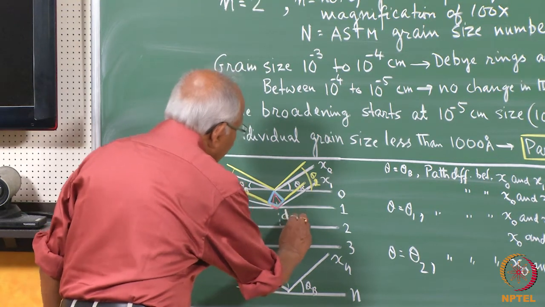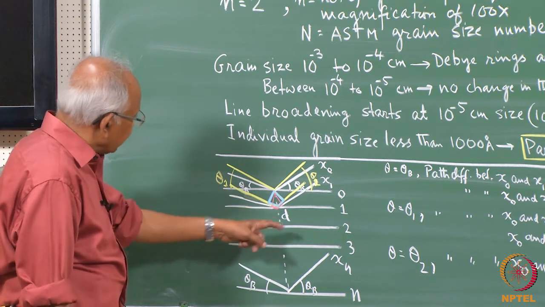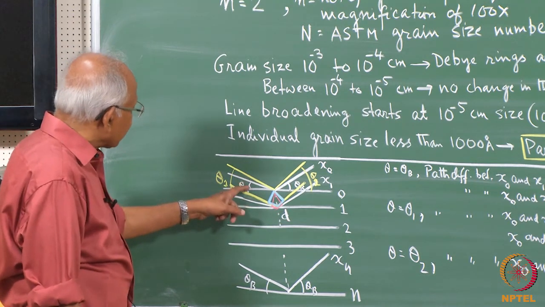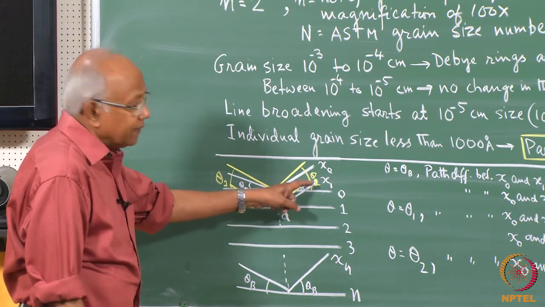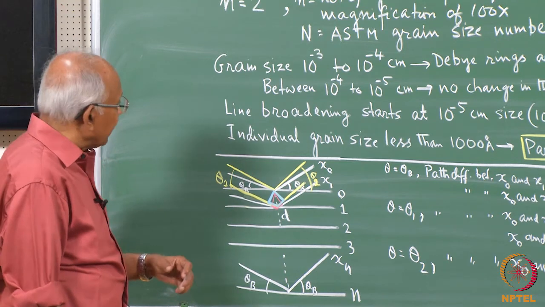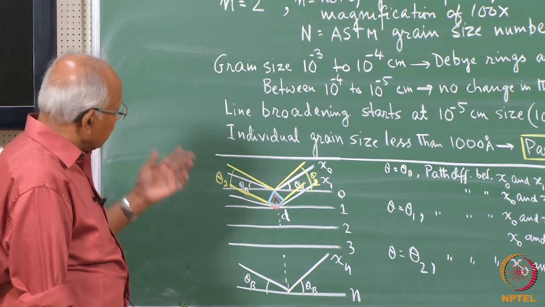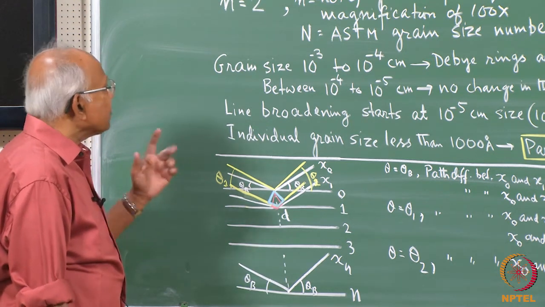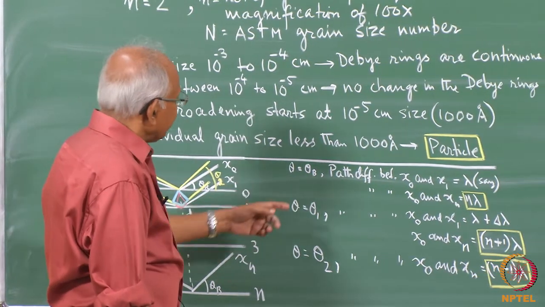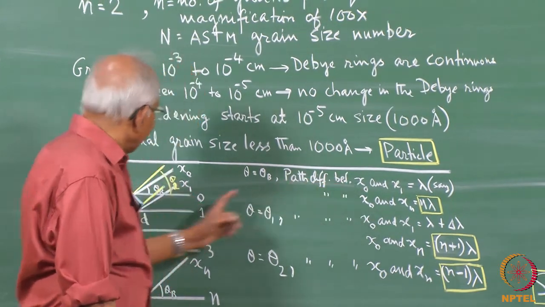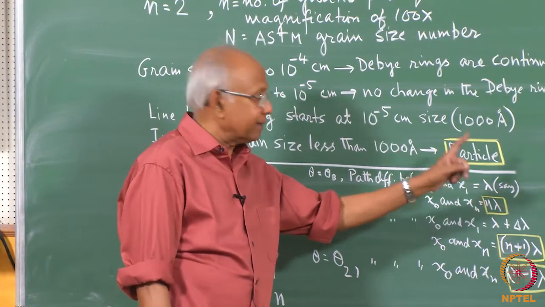Let us suppose that when the incident X rays fall on this parallel set of planes at the correct Bragg angle, then x0 and x1 constructively interfere totally, giving rise to Bragg's diffraction. Bragg's law is perfectly satisfied. Let us suppose that when theta is theta b, the path difference between the rays x0 and x1 is equal to 1 wavelength lambda.